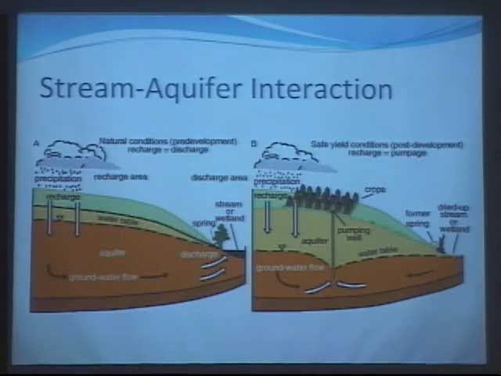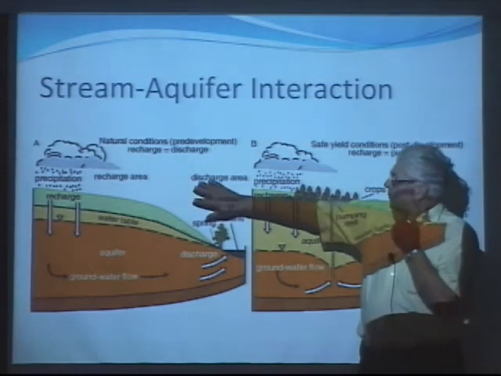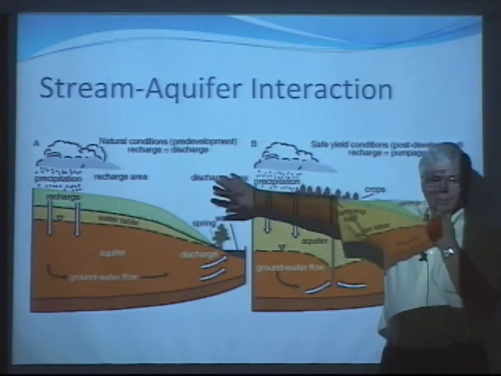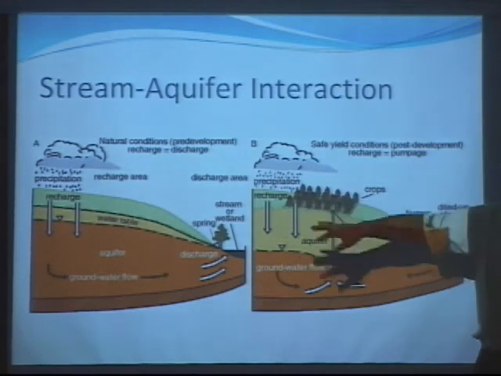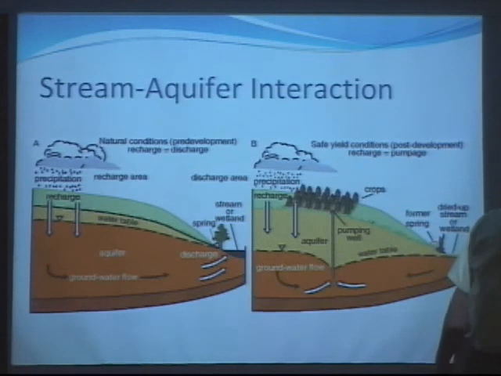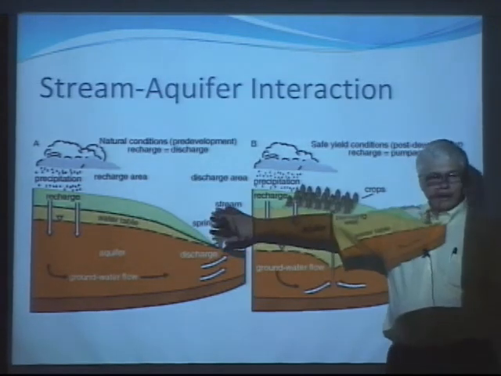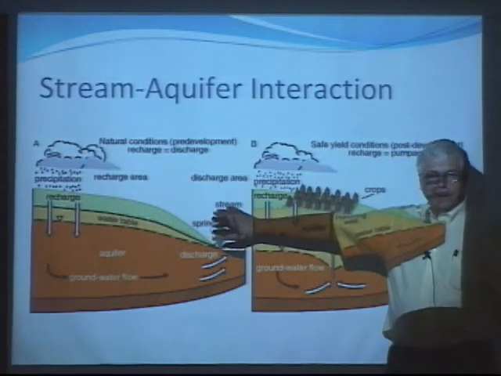Okay, so now we get to go back and talk a little bit about geology and aquifers and such. So over on the right, we have the situation before irrigation development. So if we went back to, say, 1900, this would be kind of the situation that we have.